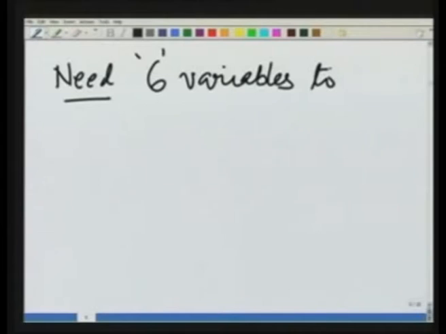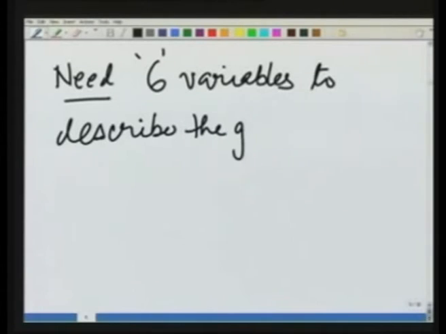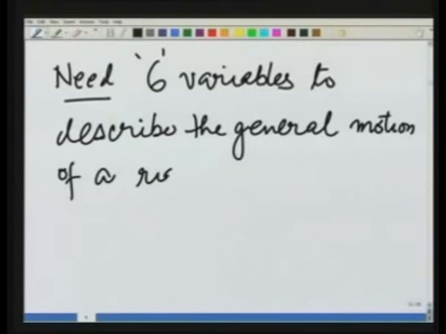variables to describe the general motion of a rigid body. You may ask, why 6 only?